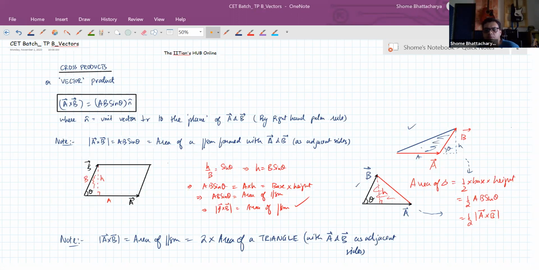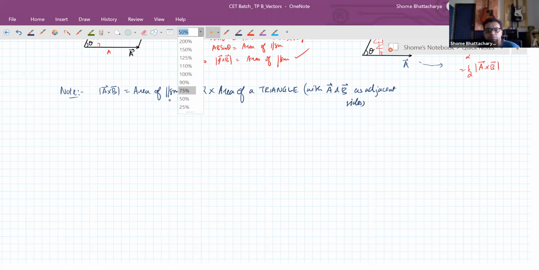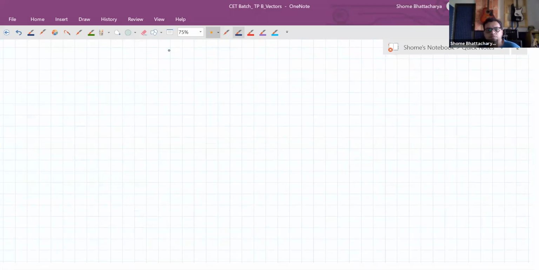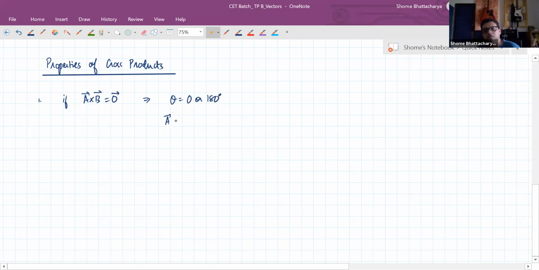Now, a few more things about the properties of cross product. Let's understand. If A cross B is equal to 0, it implies that theta is either 0 or 180 degrees, or A and B are collinear vectors.